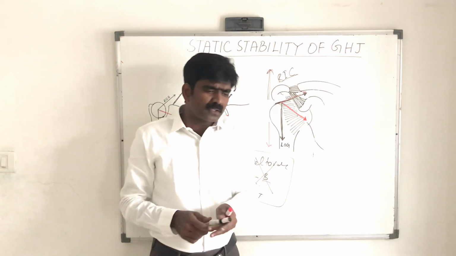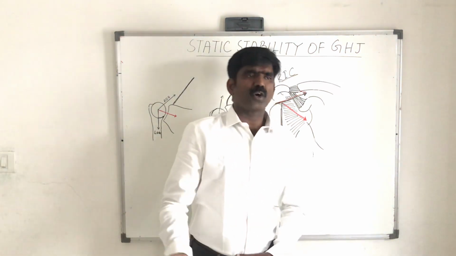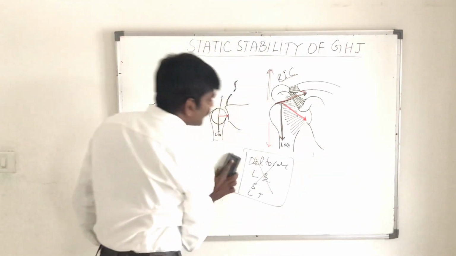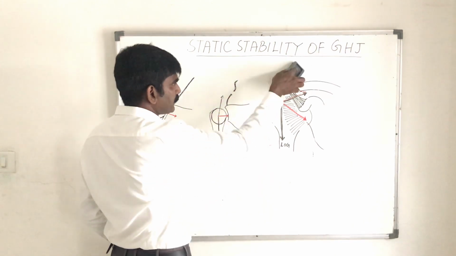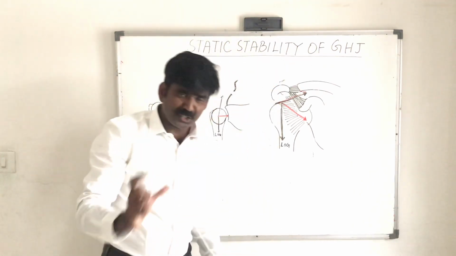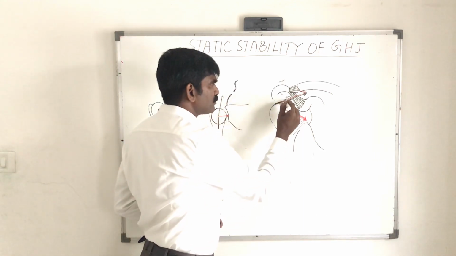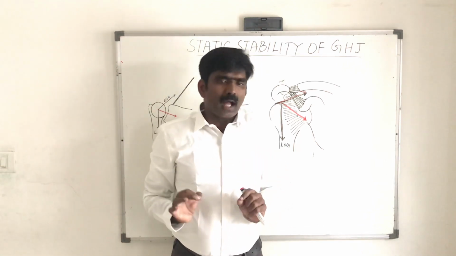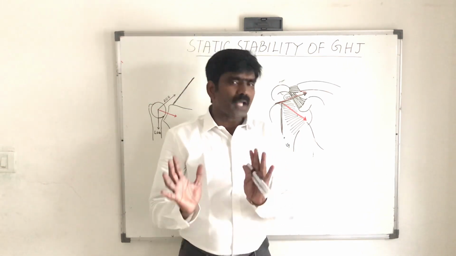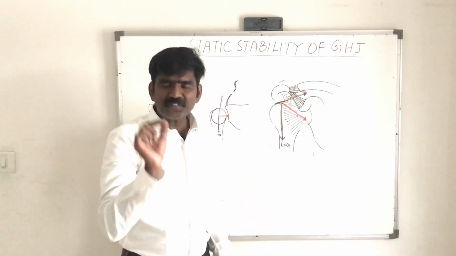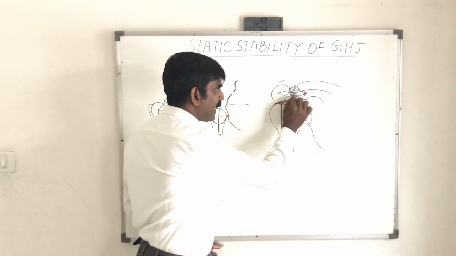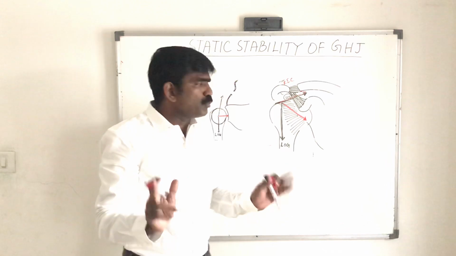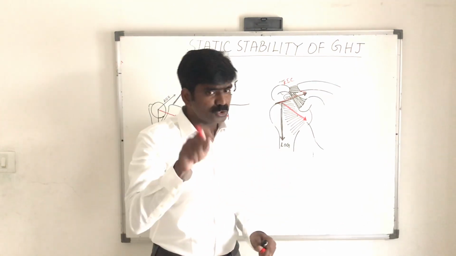So next, if we take the loaded extremity, suppose you are carrying a weight in your hand, clear? Then what happens? Again I will repeat: if the arm is unloaded, then the passive tension in the RIC is enough to maintain the static stability of the glenohumeral joint.